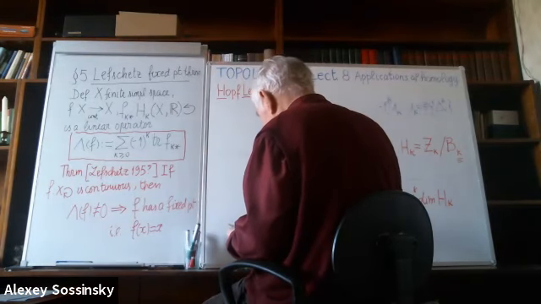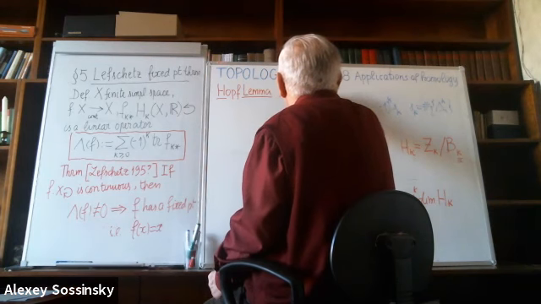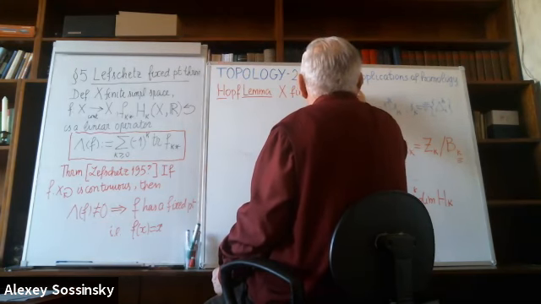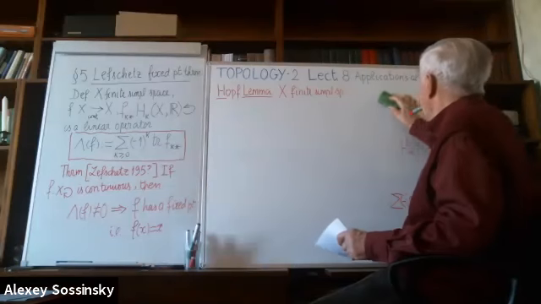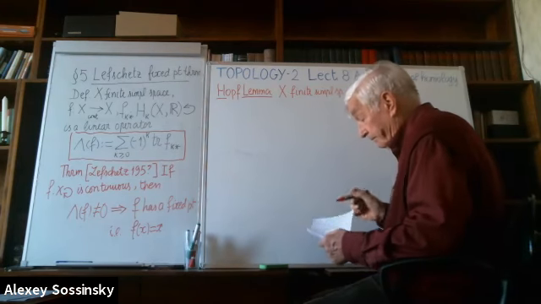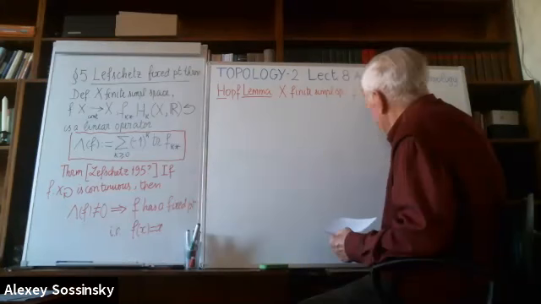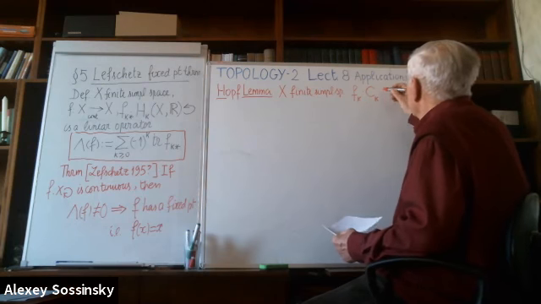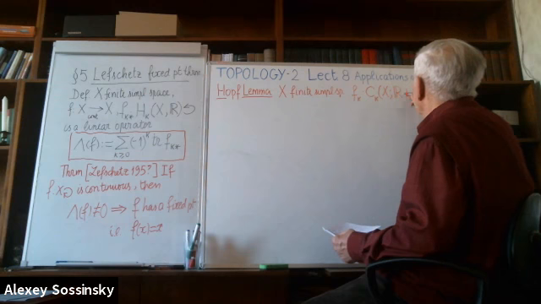And the lemma says this: if X is a finite simplicial space, and Fk denotes the chain map of Ck(X) with coefficients in R to itself.